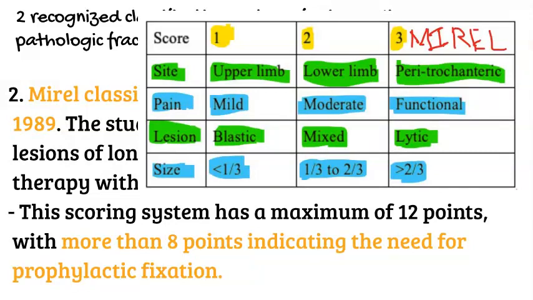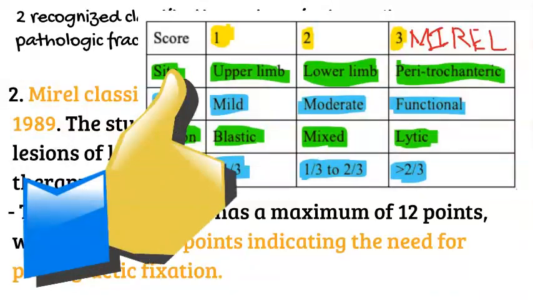Blastic lesion is 1 point. Mixed lesion is 2 points. Lytic lesion is 3 points. Less than 1/3 involvement is 1 point, 1/3 to 2/3 involvement is 2 points, and more than 2/3 is 3 points.